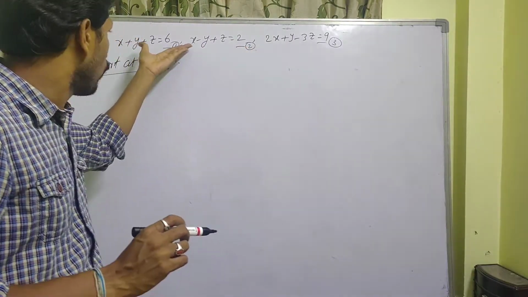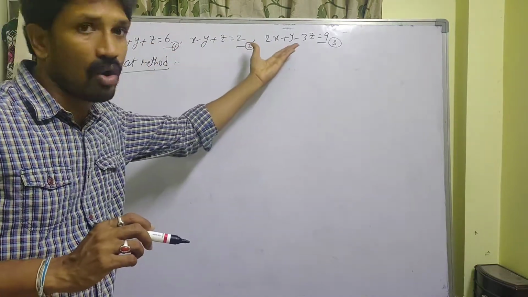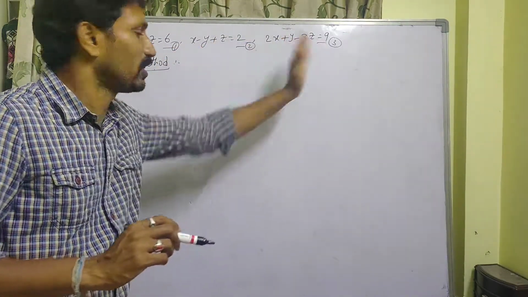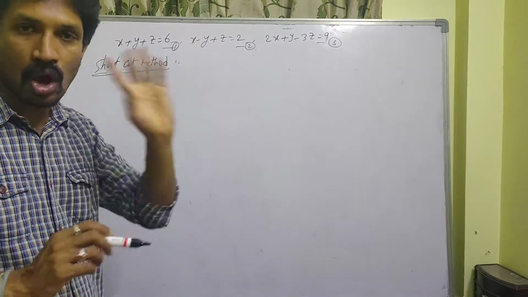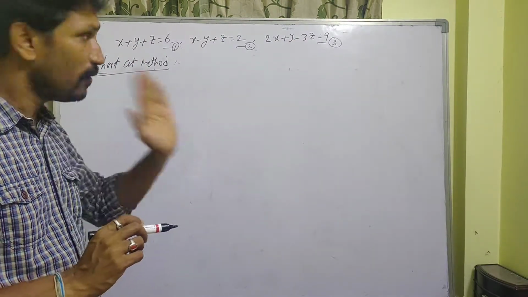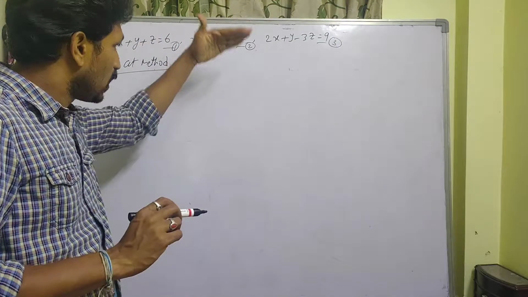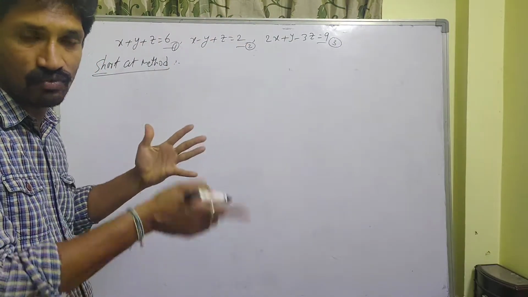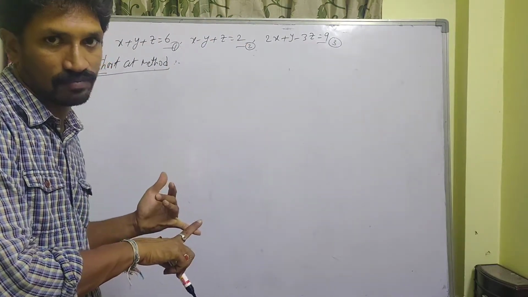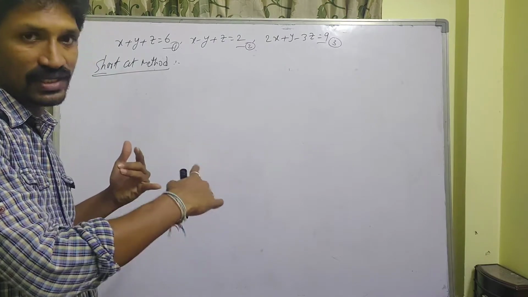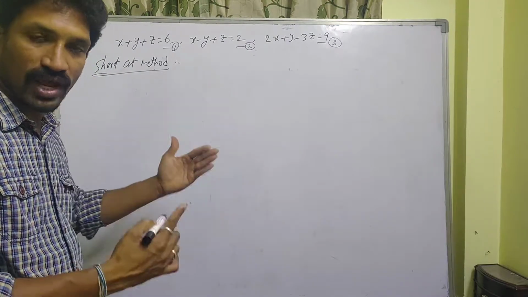If you eliminate y from 1, 2, you have to eliminate it the same way from 2, 3 or 1, 3. No problem, any combination. Two combinations you have to take. After that, the resulting new equations will be in two variables only. After that, by solving, you can understand easily.